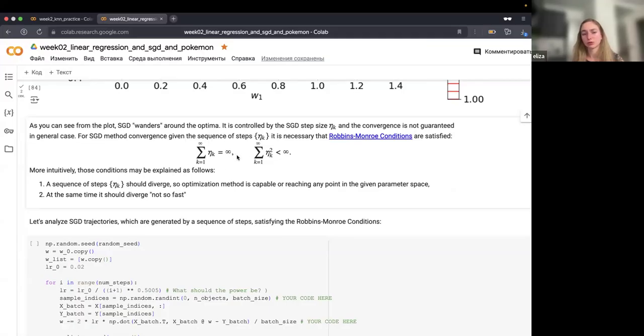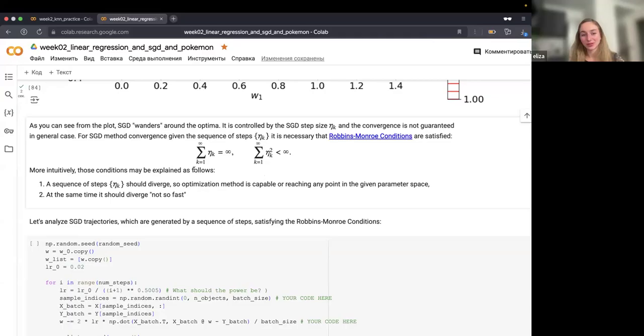What does it mean? You have two conditions, and the simple explanation is that your step must be big enough, but not too big.